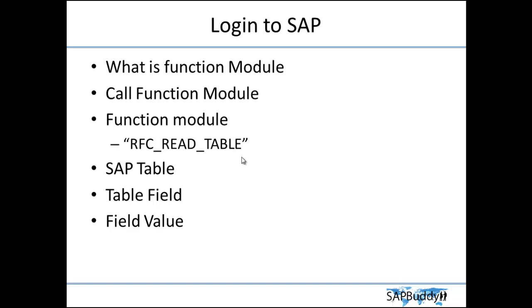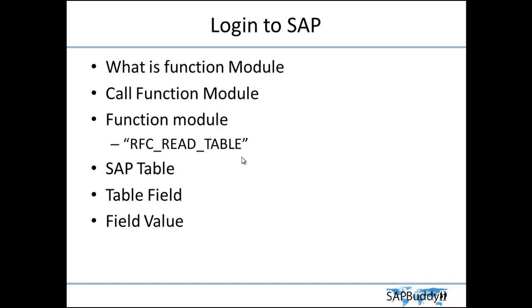So you can use different function modules from standard SAP. If we want to go further, a little more advanced in this kind of programming, then you can create your own custom function module to extract some data from SAP, and we can use that function module as well in our VBA program.